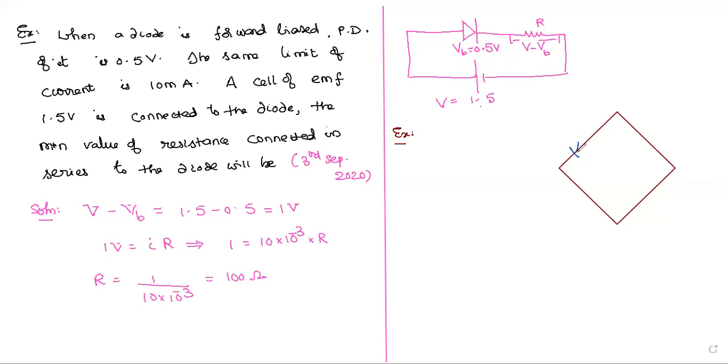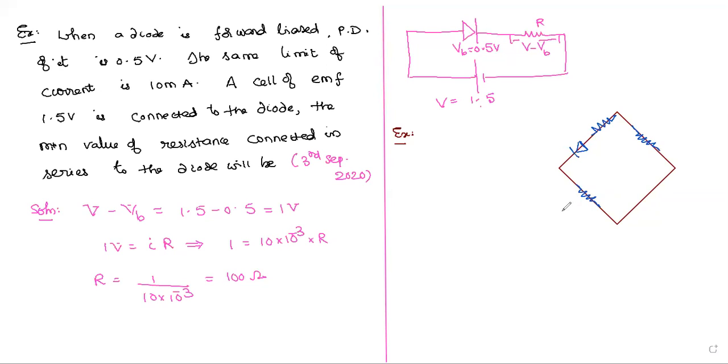Suppose this is the diode, and one more resistor is there like this, and here one more resistor like this, and here also one more resistor like this.